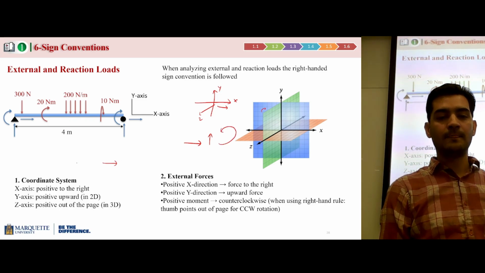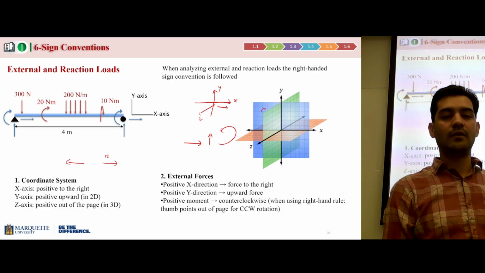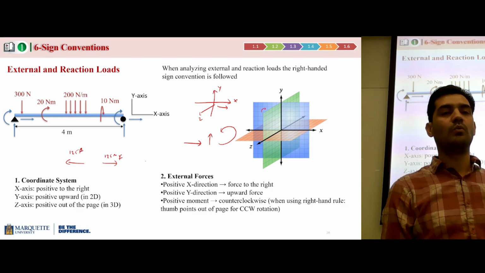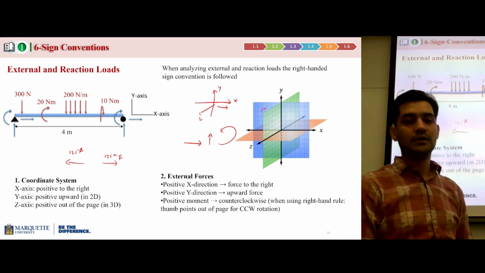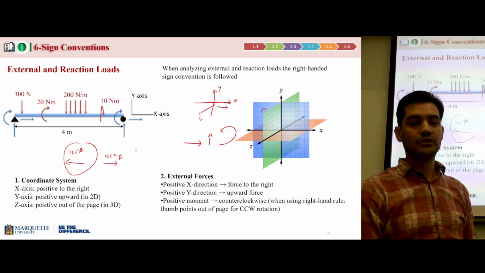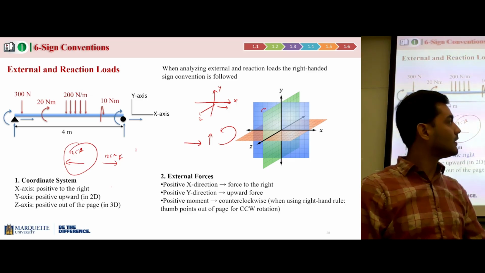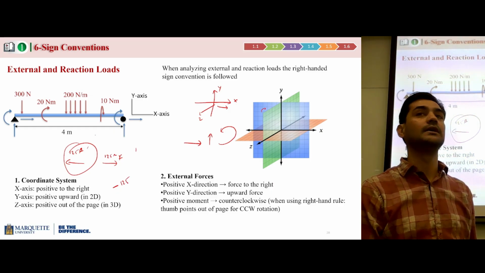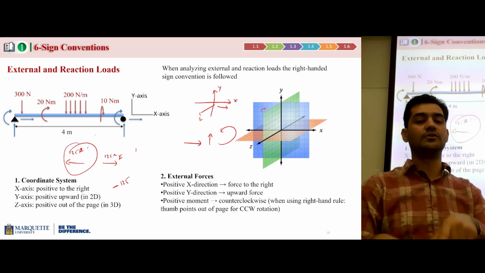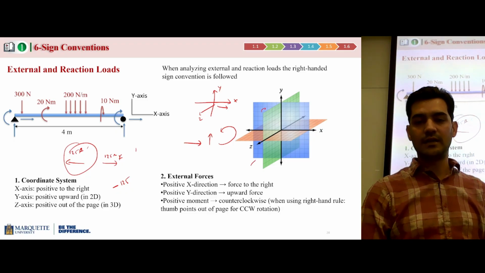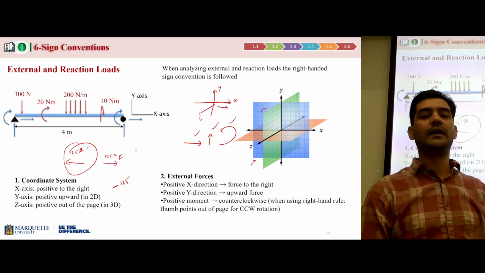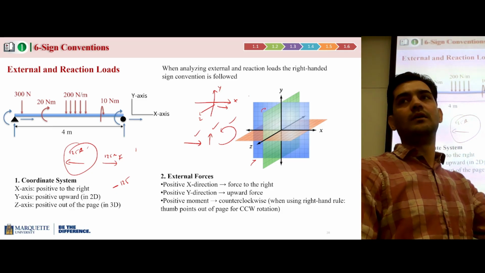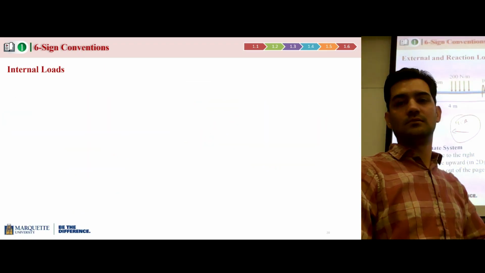So when I say a 125 Newton force here, in the calculation you will use a negative sign because it points this way. So this force is negative. But for forces to the right, upward, and anti-clockwise moments, these are positive. That's what you were doing in statics as well.